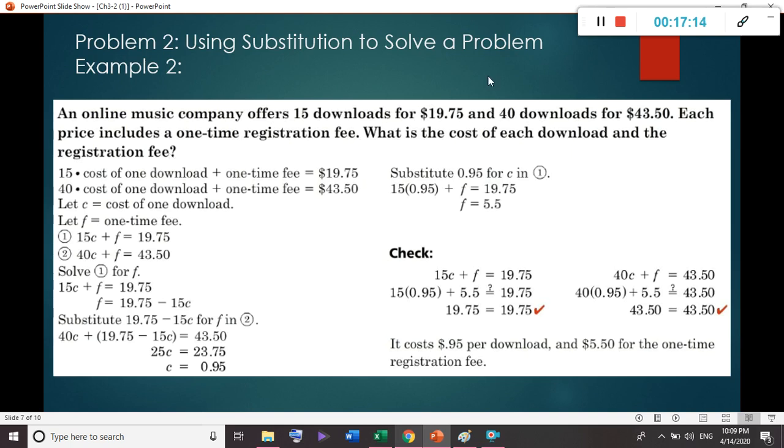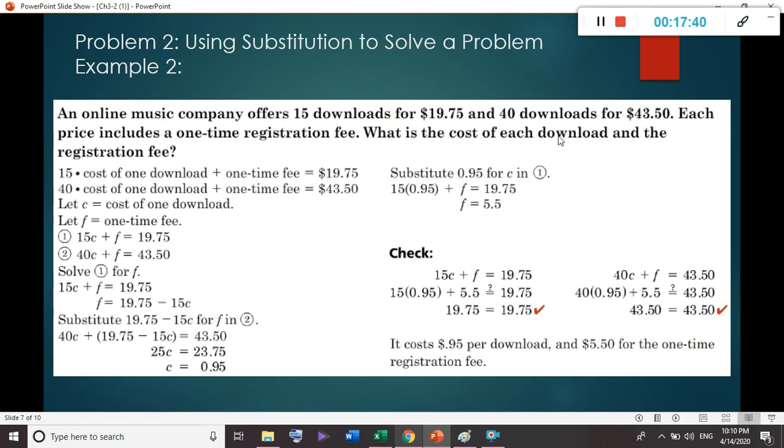So we're going to make up two equations, or a system. Okay, so our first thing here: 15 downloads plus the one-time registration fee equals how many dollars? $19.75. So here's our first equation. The second equation is going to be 40 downloads plus the one-time registration fee equals $43.5.